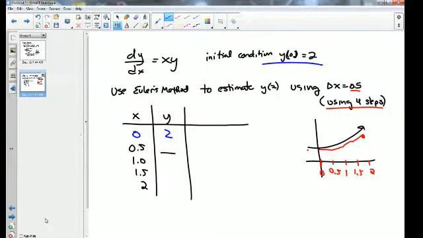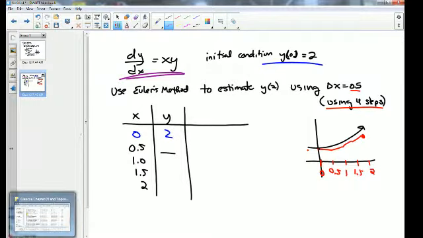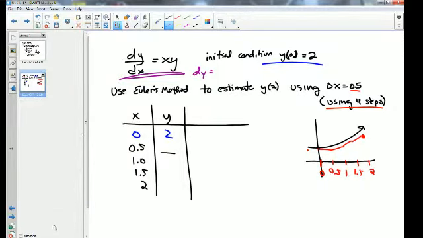Okay, it involves using this bugger right here. If you want to see how much y changes per step, what does dy equal? xy dx. Right, so that's what we put here. And you just plug everything in that you know. What's x? y?